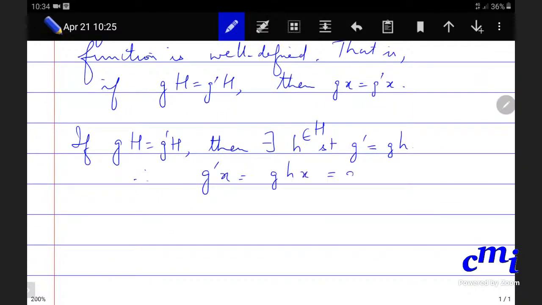First we are applying the function corresponding to the product gh, which is the composite function, to x. So therefore, epsilon is well defined.